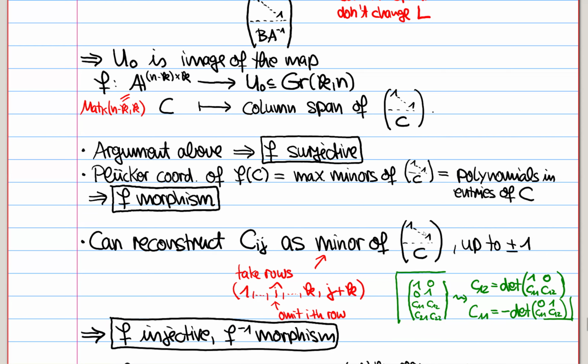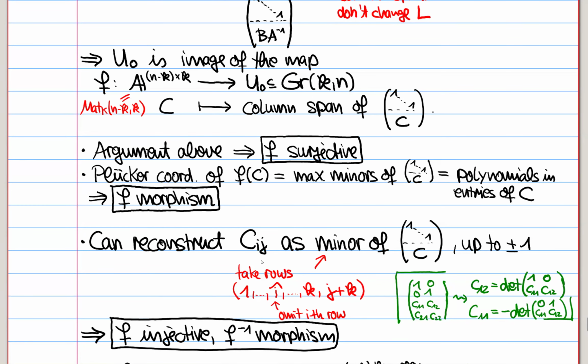So there's a unique basis which has this upper part. This you can convince yourself of. And so only knowing this linear space in the Grassmannian actually allows us to reconstruct exactly this matrix here. So this already shows the injectivity.